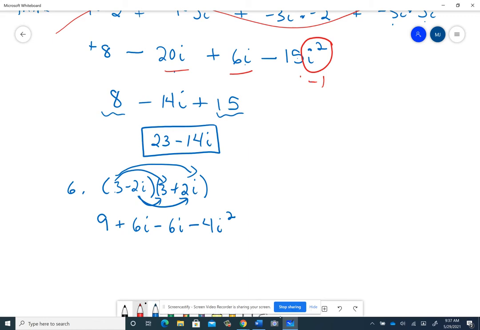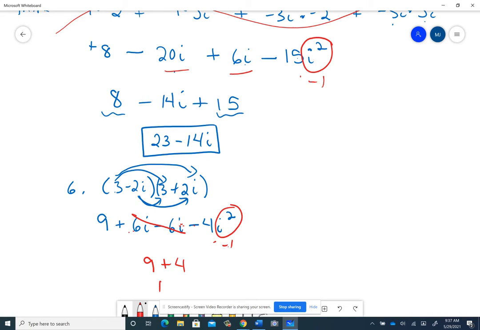So you got a couple things here. This is going to be replaced with a -1. Positive 6i and negative 6i, they're like terms, but they actually cancel out. They add up to be 0, don't they? So they're gone. And so you wind up with 9. -4 times -1, that would be plus 4.